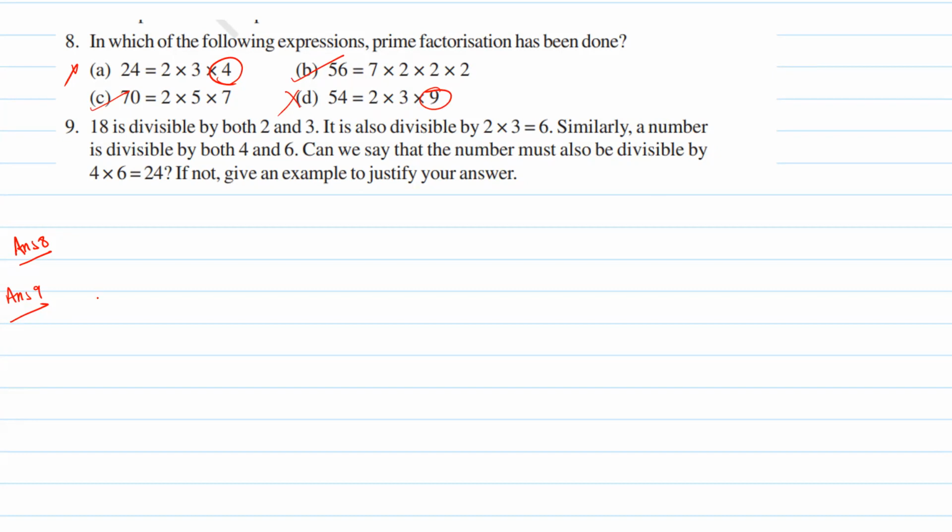So we can write, no, it is not true, because 12 and 36 are both divisible by 4 and 6, but are not divisible by 24.